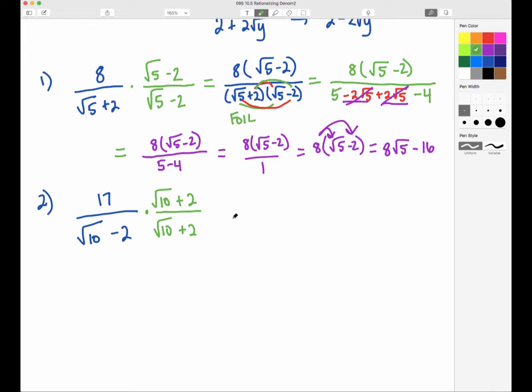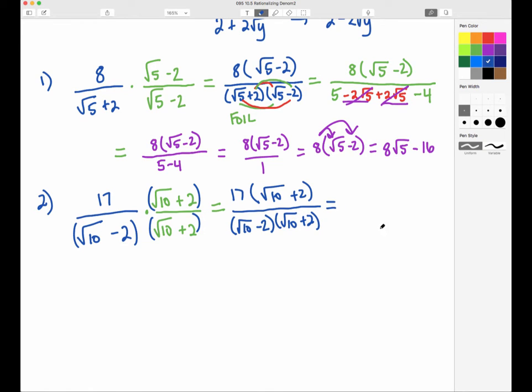Put that on the numerator so that the value of our answer is still the same. It's just going to look different. Now I can go ahead and multiply, putting the parentheses in there to show that this is all multiplication: 17 times the square root of 10 plus 2 all over the square root of 10 minus 2 times the square root of 10 plus 2.